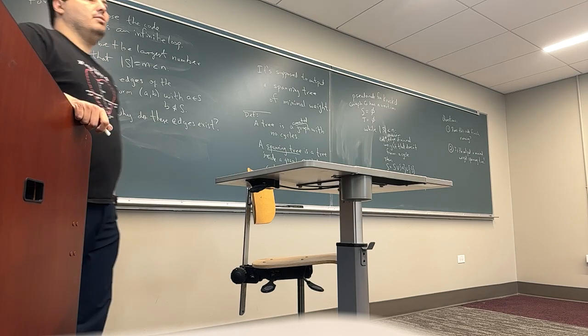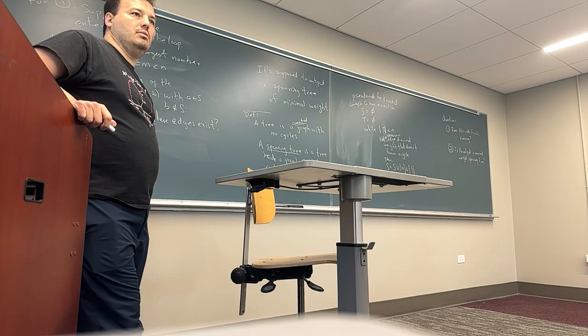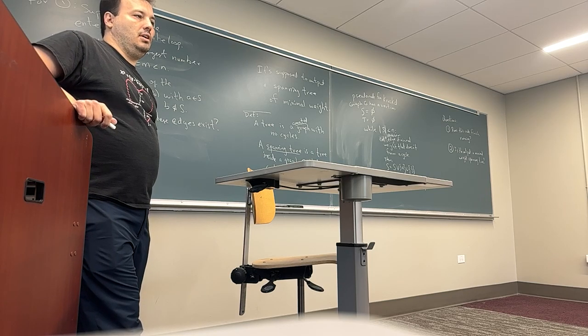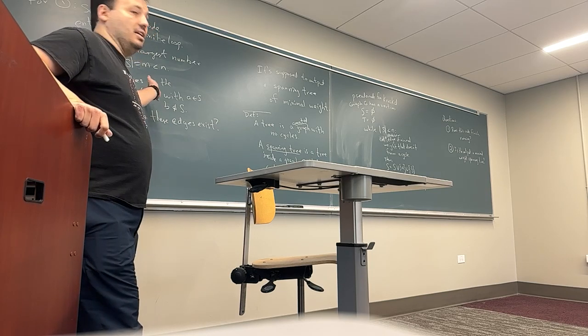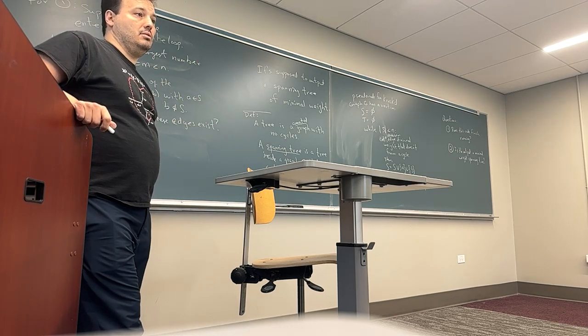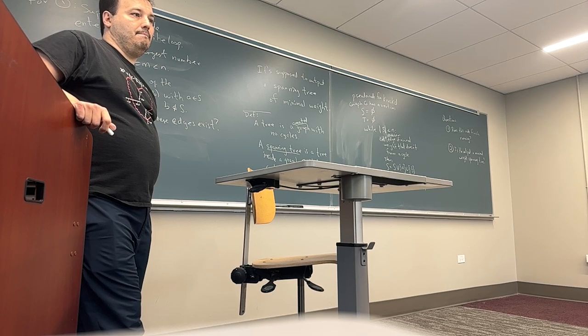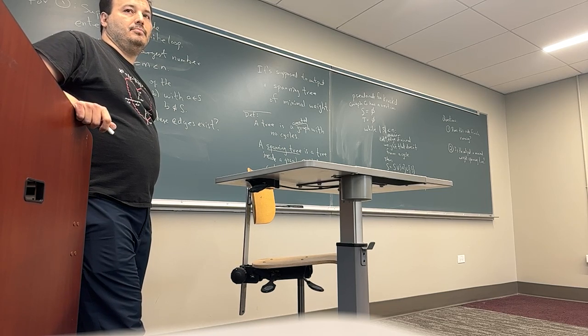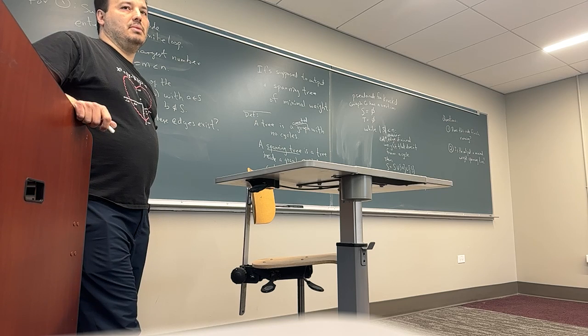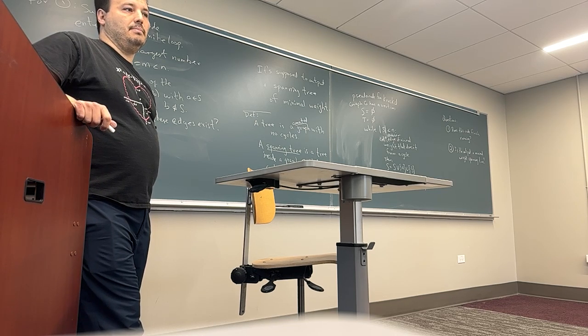Why do we know that these edges exist? I'm thinking of considering something that might not even exist, right? How do we know that they exist? So to find this minimal spanning tree, your initial graph has to be connected, right?